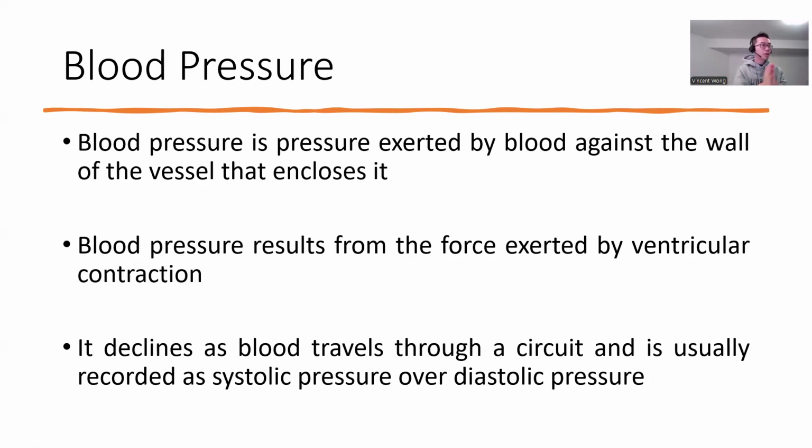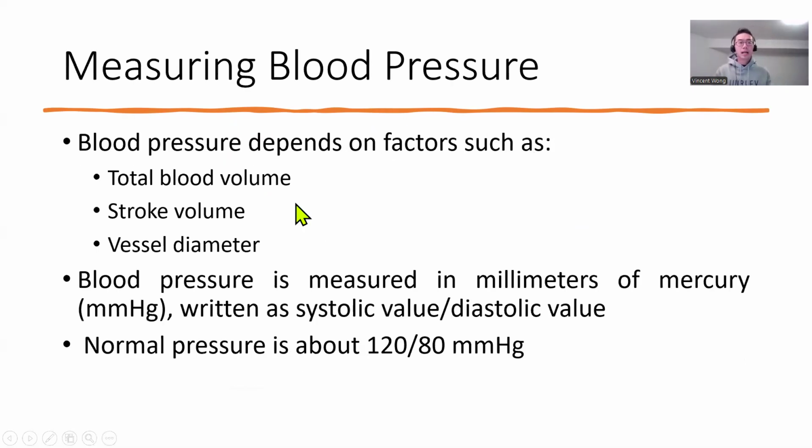And as we know, the blood pressure will drop significantly as we go through the various types of blood vessels. And blood pressure itself is actually dependent on various factors. For example, how much blood you have.